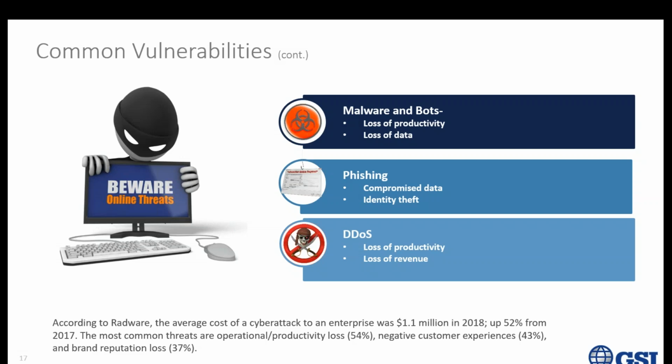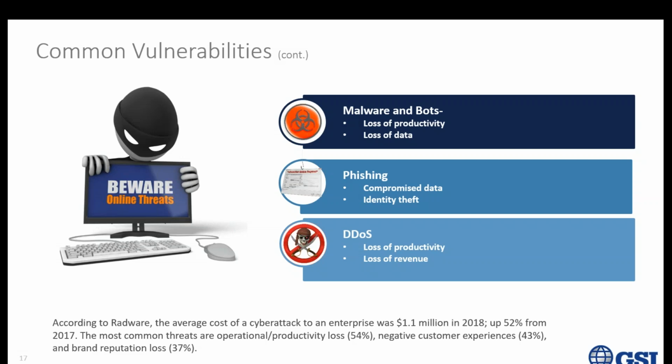Phishing is where somebody is trying to get data from you, and they pose as somebody else, and because it looks like it's a valid email, or it looks like it's from a known resource, you'll answer those emails, and before long, you've given up data or identity that can compromise your security. Denial of service, again, loss of productivity, loss of revenue. These have a financial impact, whether it's a direct payment like ransomware, or whether it's just loss of productivity.